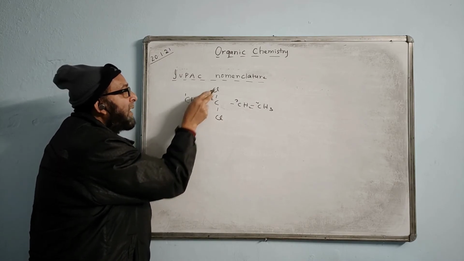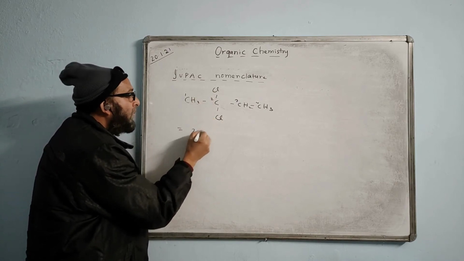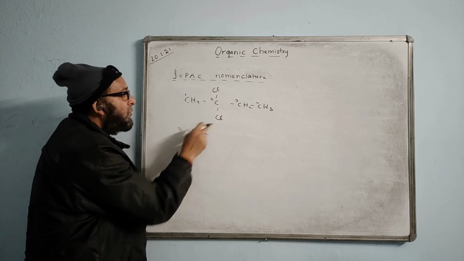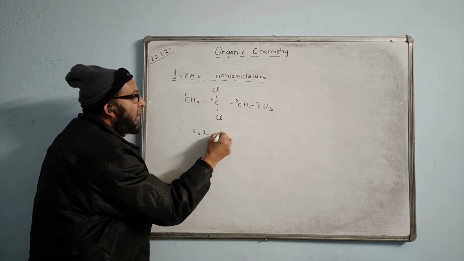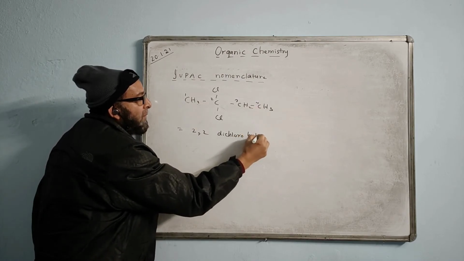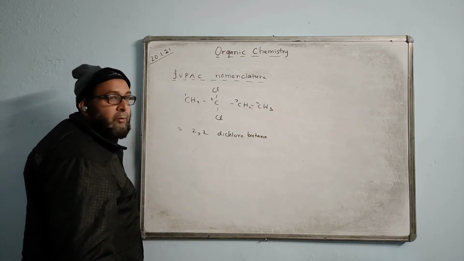We have to write it for this as well as for this. We will be writing 2, 2. You understand? Repeat for this also and for this also. 2, 2. 2 of them are there. So I write dichloro. The last number is 4, that is butane. 2,2-dichlorobutane.